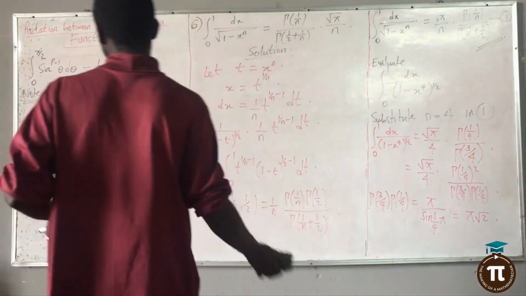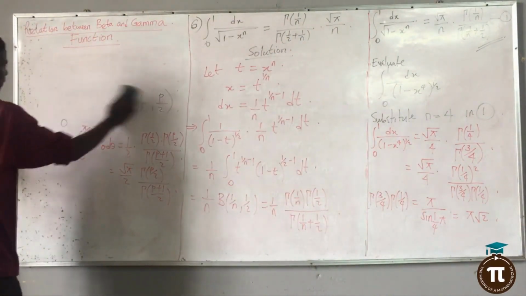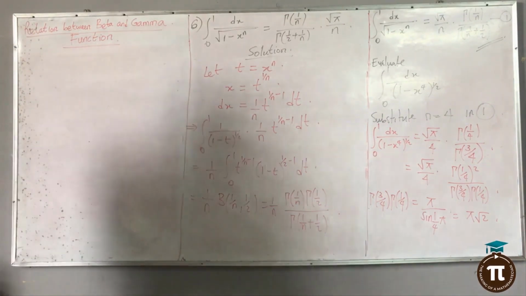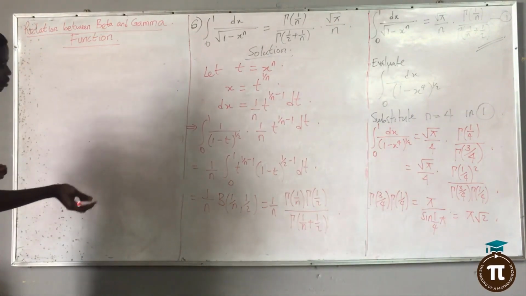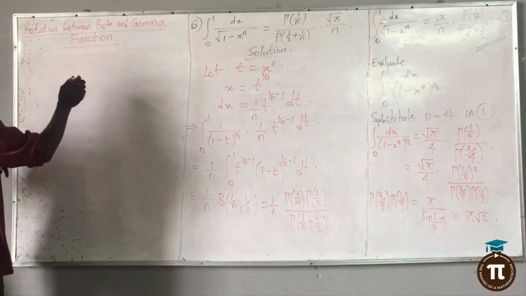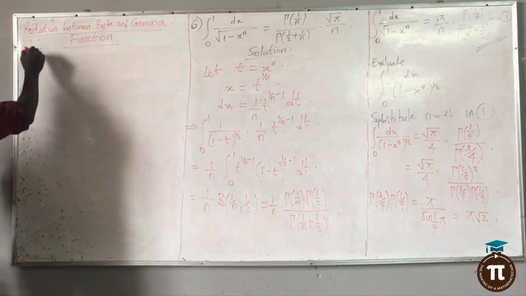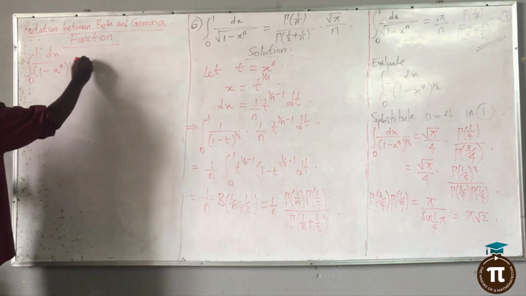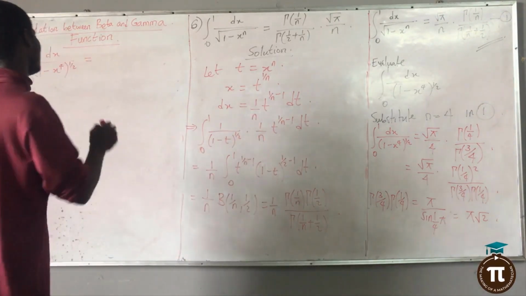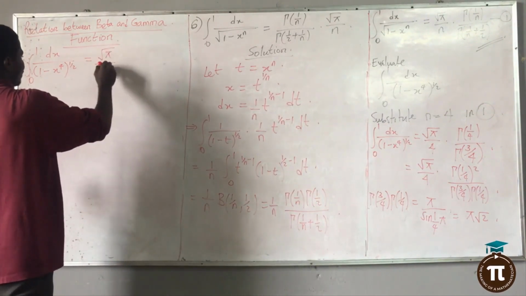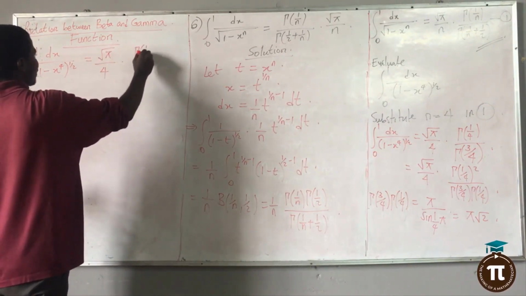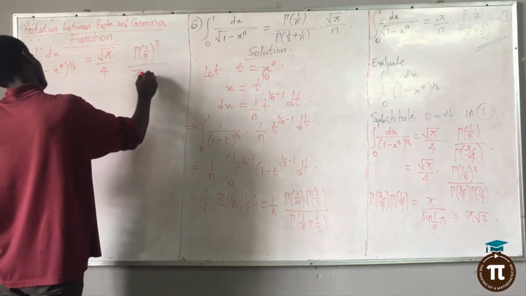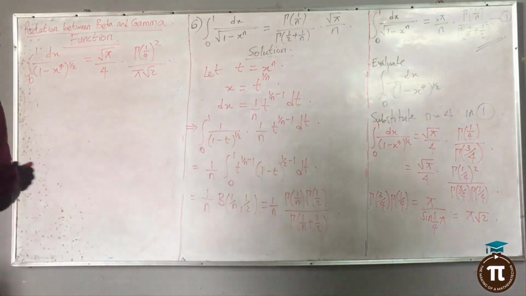So, to finish up, the integral from 0 to 1 of dx over 1 minus x raised to the power of 4, raised to the power of 1 over 2, is equal to root pi over 4 multiplied by gamma of 1 over 4 all squared over pi root 2.